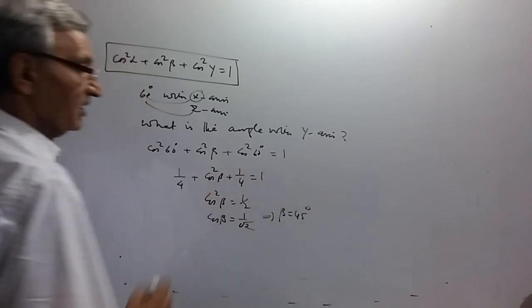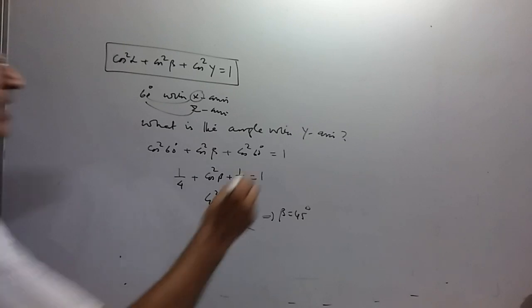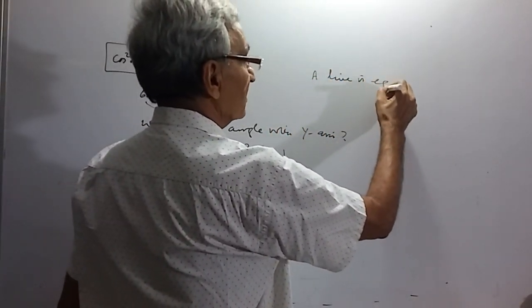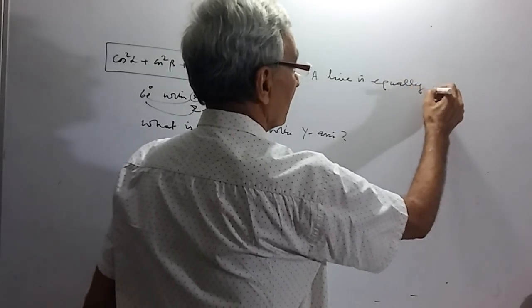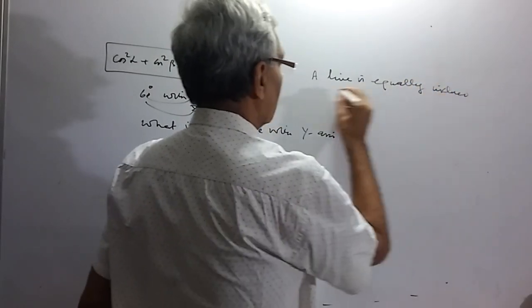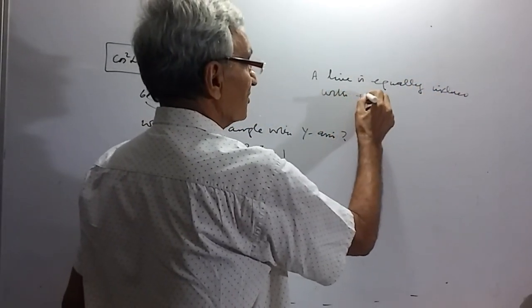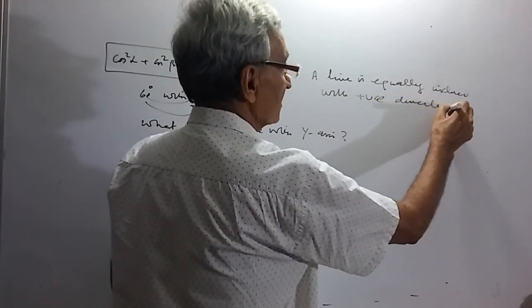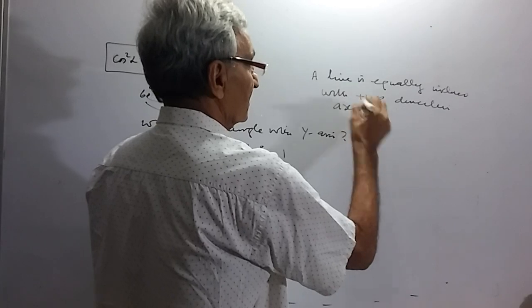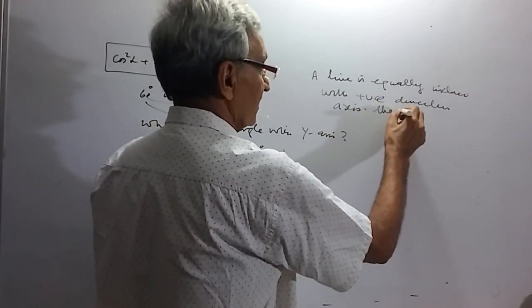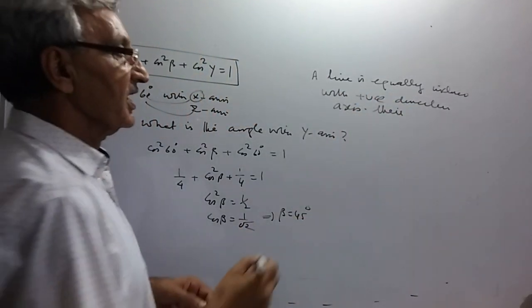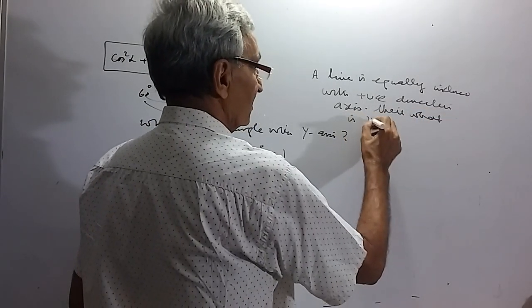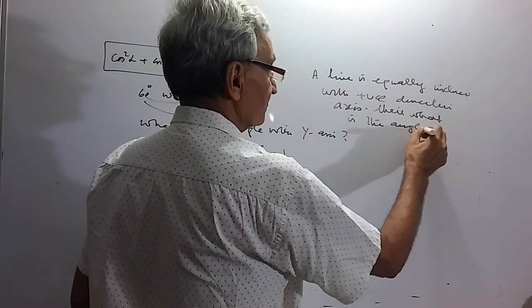Here is the question. A line is equally inclined with the positive direction of x-axis, y-axis and z-axis. Then what angle does it make with them?